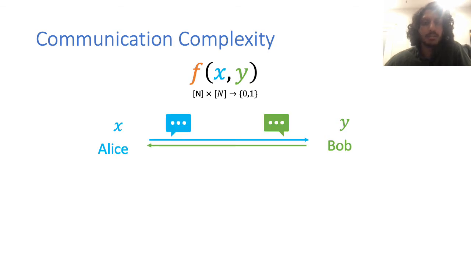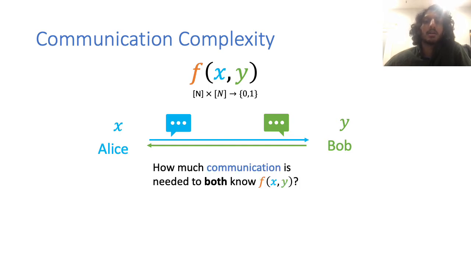Their goal is to communicate with each other, using the least amount of communication possible, in a way that they're both able to learn the value of the function f. So their goal is to compute f while minimizing the amount of communication they use between themselves.